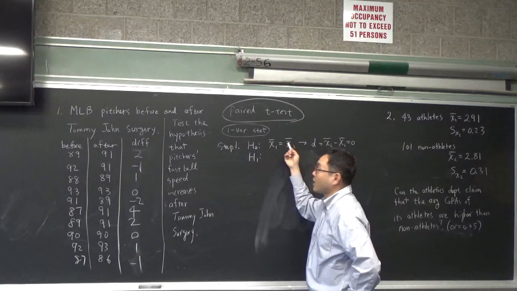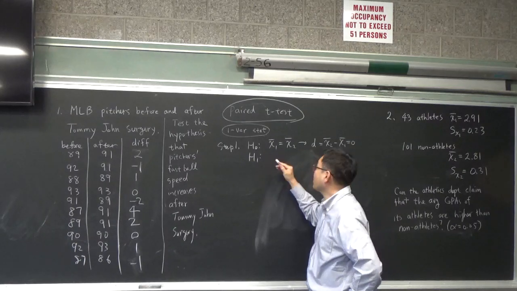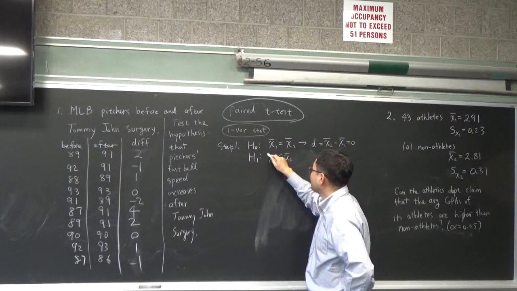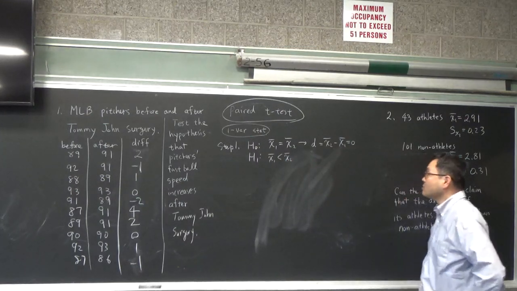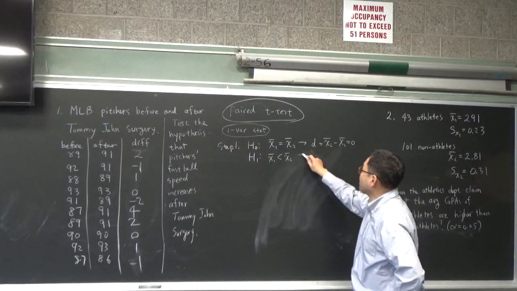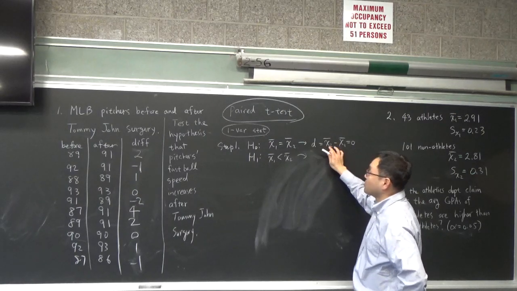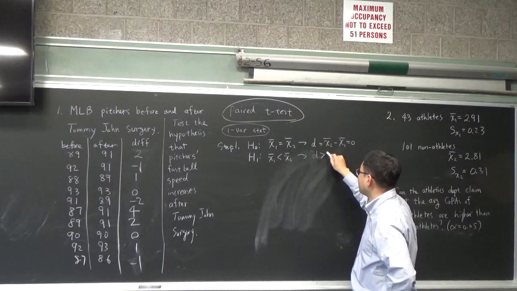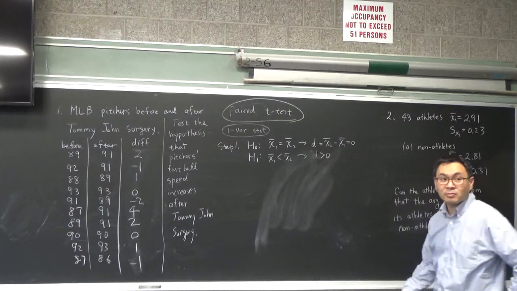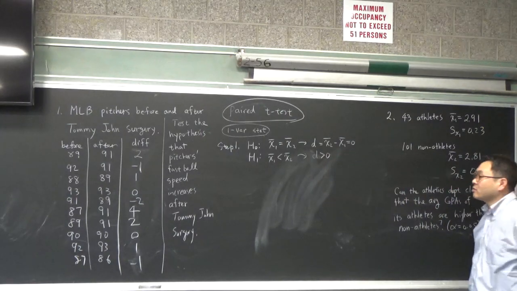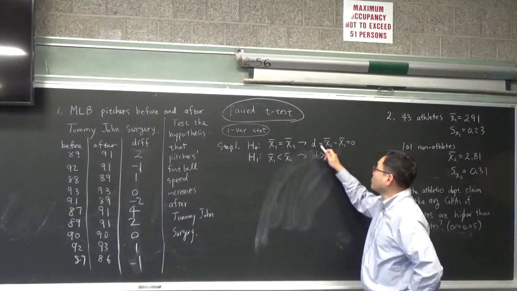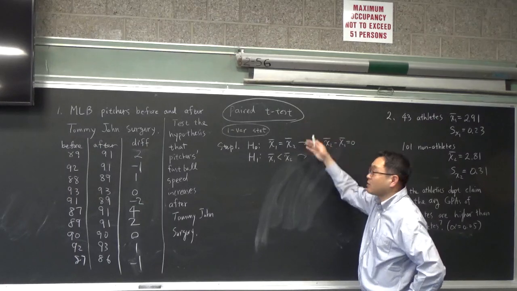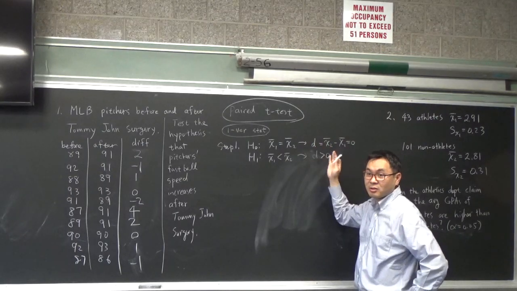You're trying to prove that x2 is actually greater than x1, which would mean that since we're defining d as x2 minus x1, d is greater than 0. That's the alternative. Since we're just going to work with d, it's just the regular t-test on d. That's all it is.